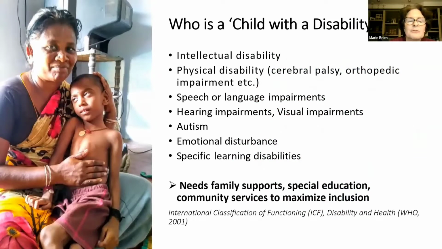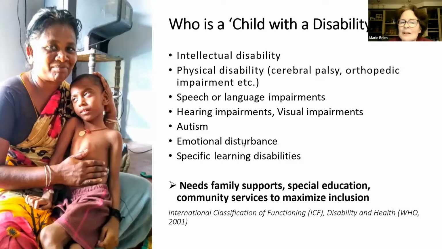Now moving on to the children. Our definitions of child with disability cover all these various aspects of disability. We have to keep in mind that many of the children that we see may not have even one of these specific disabilities.